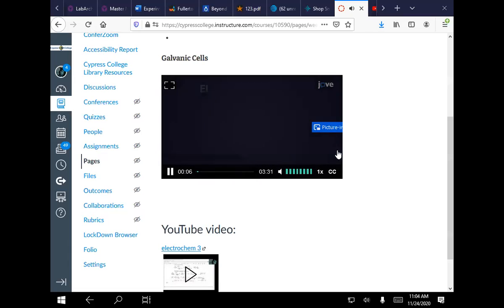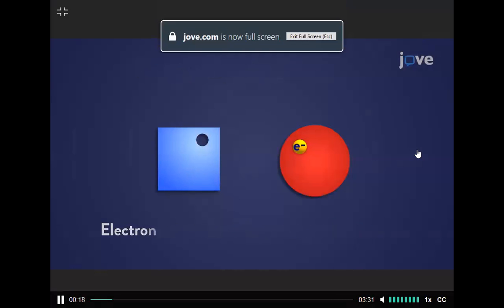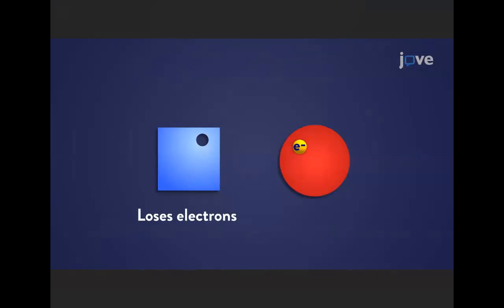Wait, how do I? An electrochemical reaction is a process where electrons are transferred between two Wait, how do I get this bigger? Oh my God. substances, with one losing electrons and the other gaining them. When a substance loses electrons, we say that it has undergone oxidation or that it has been oxidized.